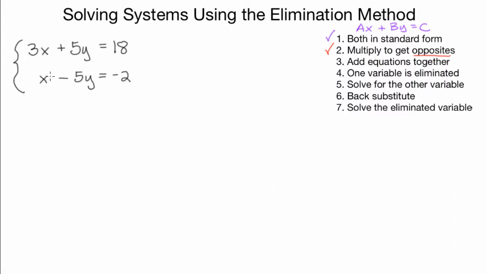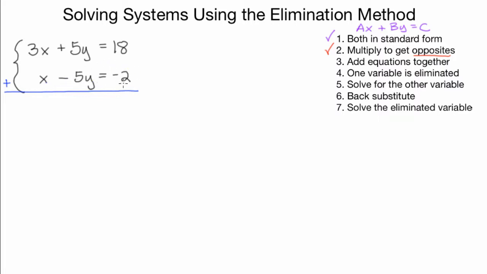So again, just like the substitution method, I'm trying to take both equations and combine them to make one equation that I can then start to solve. But instead of substituting one equation in for another, we're using the addition property. So I'm going to take these two equations, and essentially I'm taking the top equation, 3x plus 5y is equal to 18, and I'm adding the same thing to both sides.